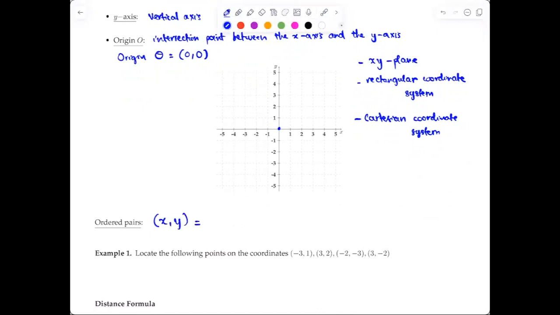The first entry is the x coordinate, and the second entry is the y coordinate. So when I write the origin (0, 0), that means x is equal to 0 and y is also equal to 0.